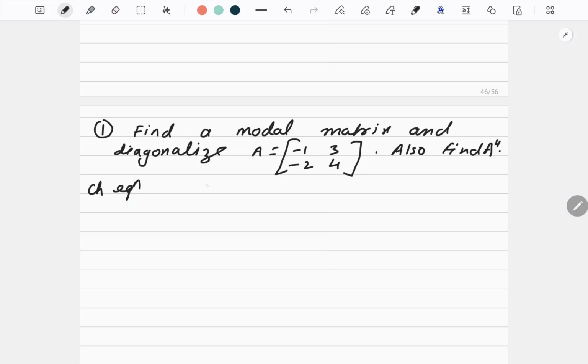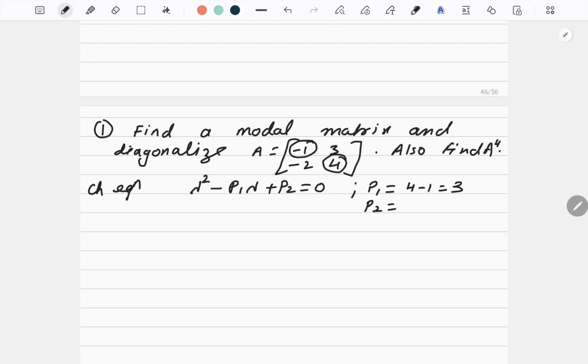As I said, the characteristic equation is given by lambda square minus p1 lambda plus p2 is equal to 0. What is p1? As I said, it is the trace, the sum of diagonal elements. So 4 plus of minus 1 is 3. And what is p2?